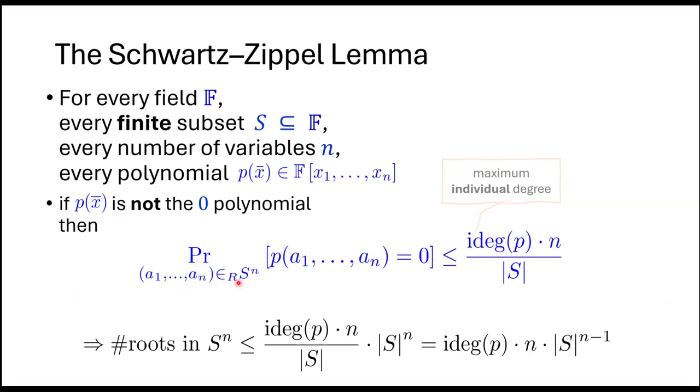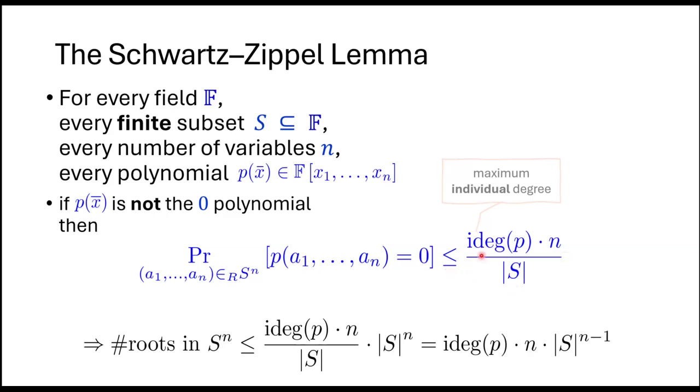Namely, if I choose random points from S to the n, in this cube, then if P is not the zero polynomial, the probability that P is zero over these random points is small in this sense.